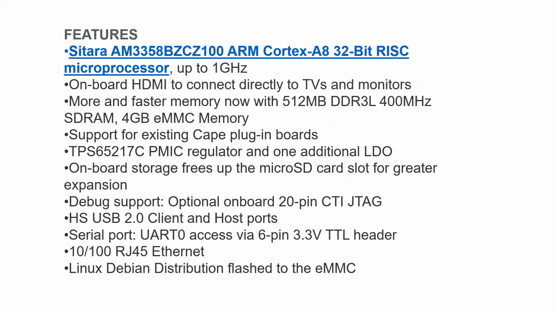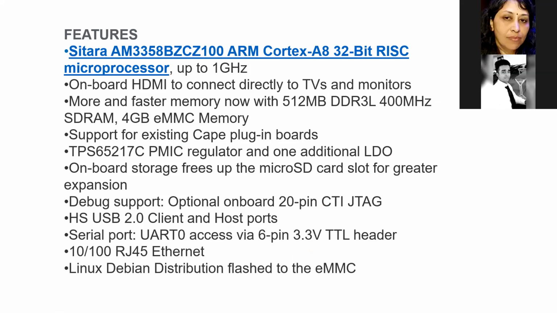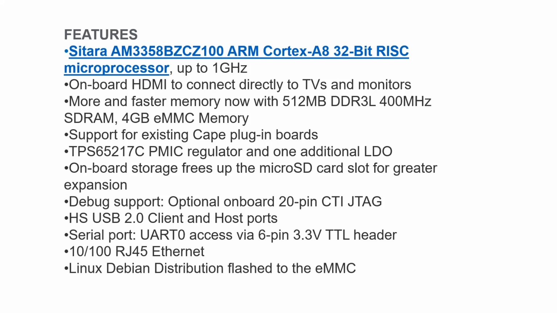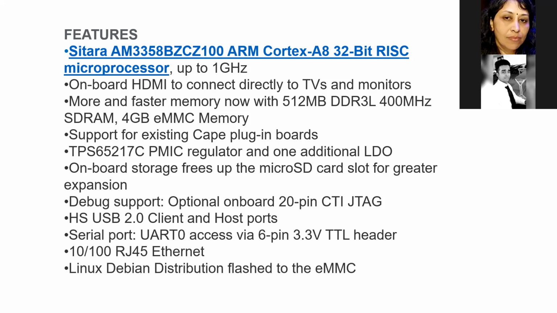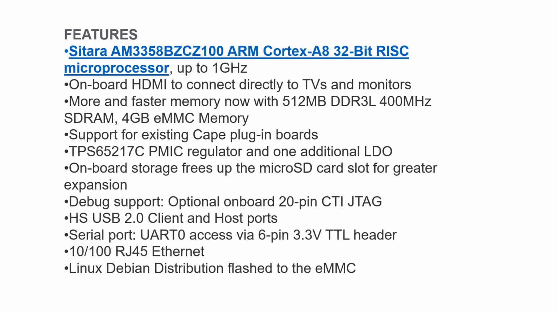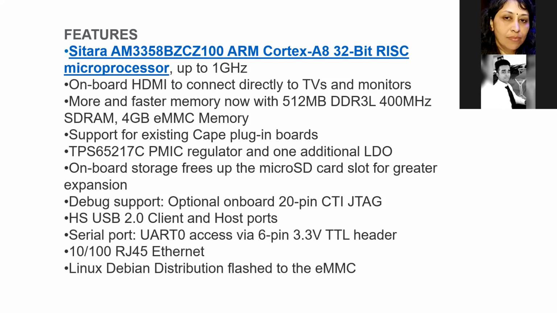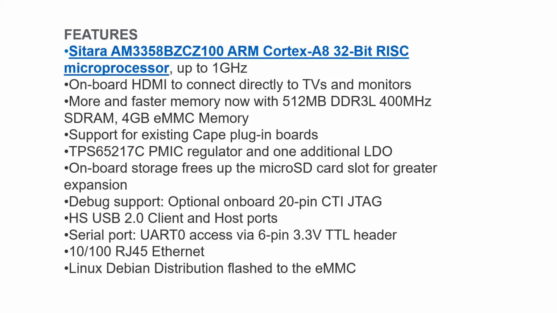Now here you can observe the features again, and here you can see two processors are there, a Sitara processor and an ARM Cortex processor. The Sitara processor is for graphics processing and the ARM Cortex 32-bit RISC processor is used as the central processing unit. Okay, so as on-board HDMI is there, you can directly connect TVs or monitors to this type of system. A faster memory system is used here.